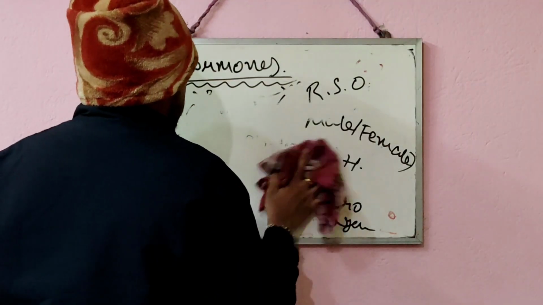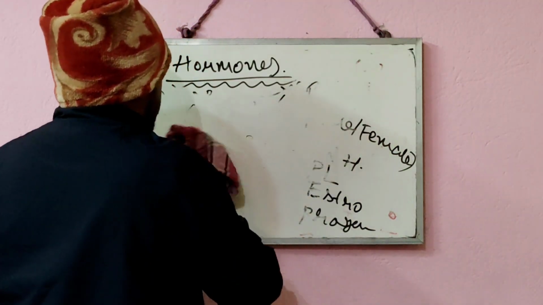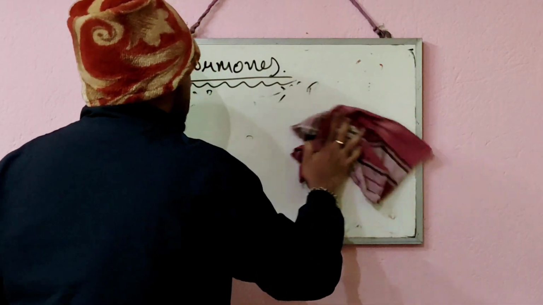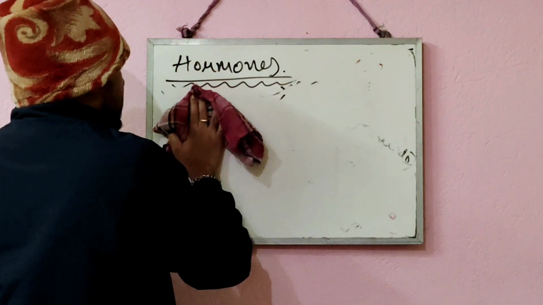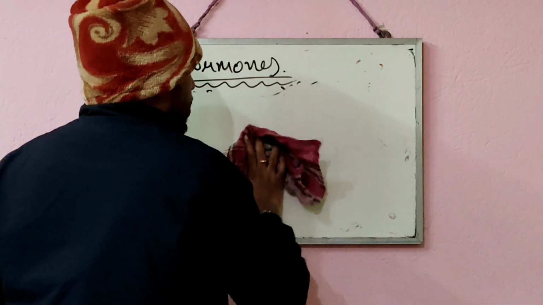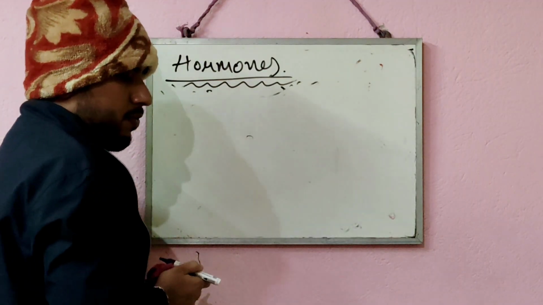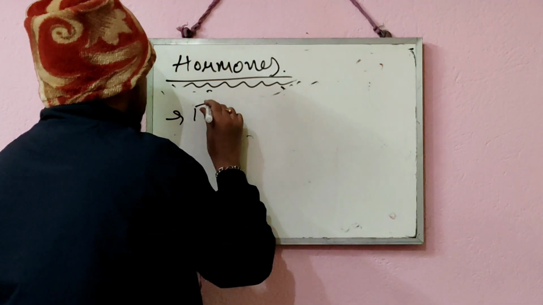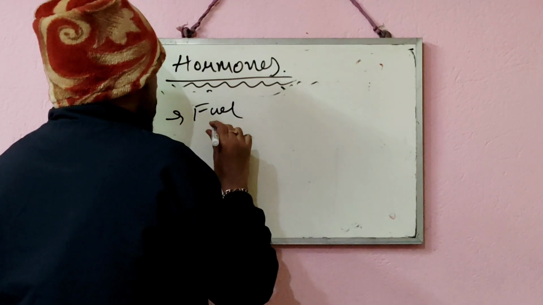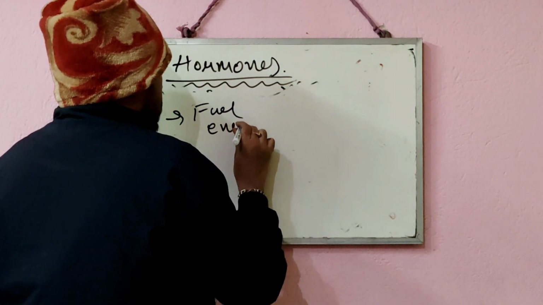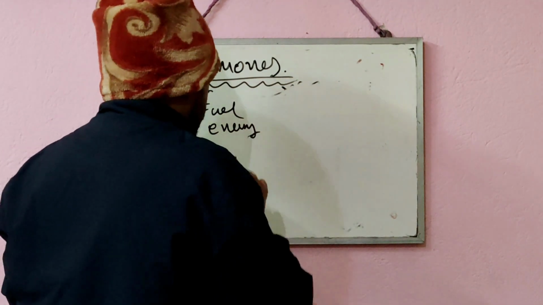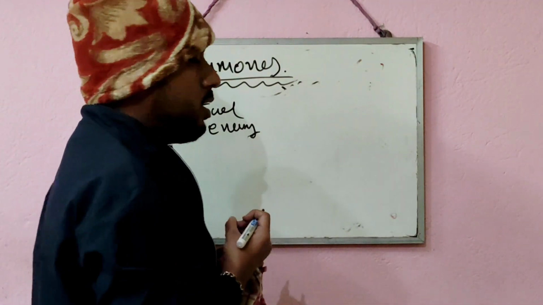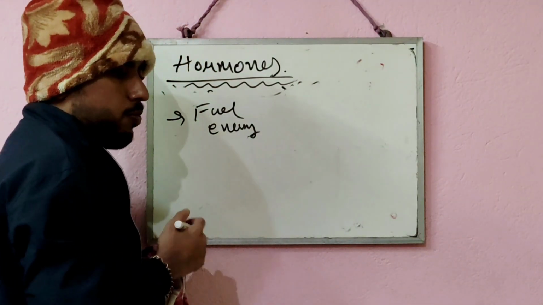Now we will discuss the different functions that the hormones secreted from different endocrine glands perform in our body. What are the functions? First one is fuel availability. That means these hormones act as energy fuel or energy store system in our body.